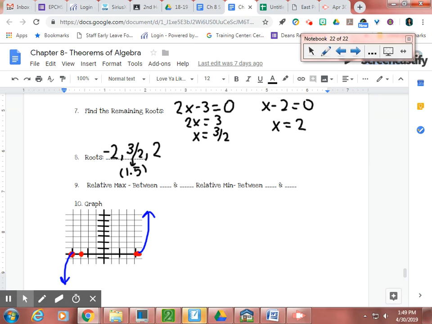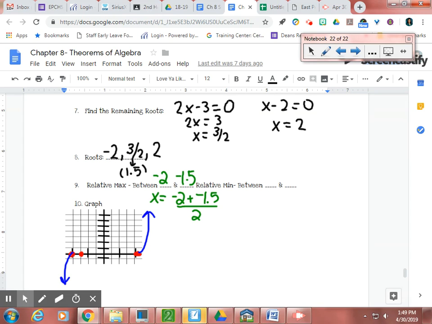So I need to figure out what's happening between negative 2 and 1.5. If you're trying to find that, the midpoint, you're going to take negative 2 and add 1.5, and then divide it by 2. It's like you're averaging those points.